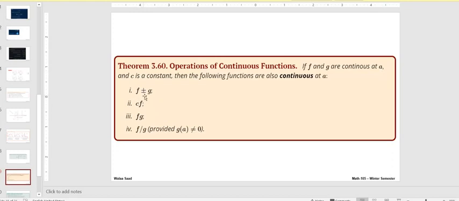So if f and g both are continuous at x equals a, then f plus g will be continuous as well, and f minus g will be continuous as well. And any constant times f, if f is continuous at x equals a, will be continuous. And the product of the two functions is continuous as well, and so is the quotient or the division, provided that the denominator is not 0.